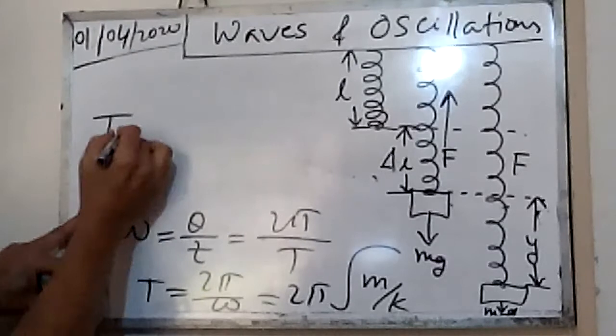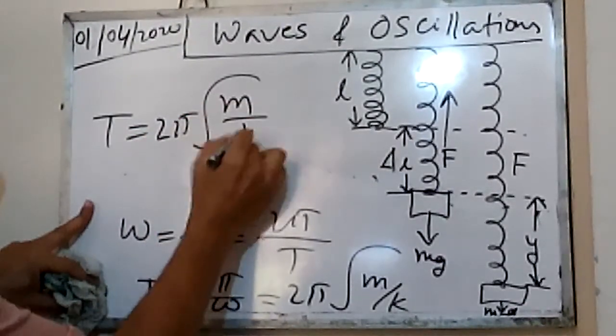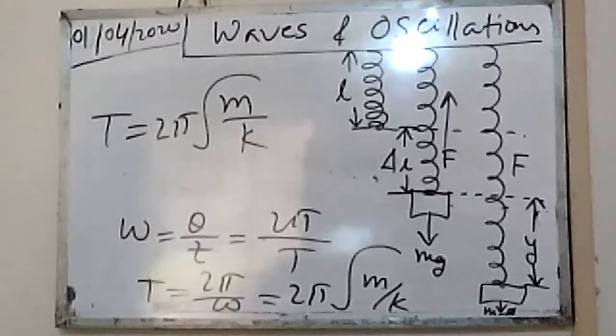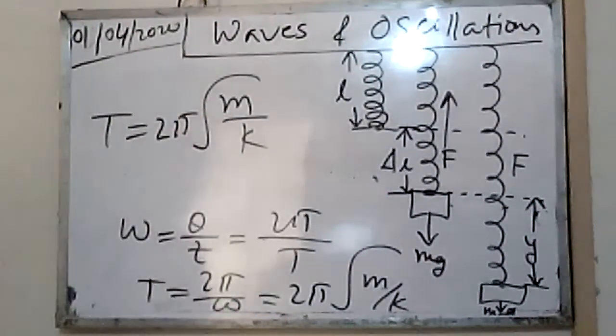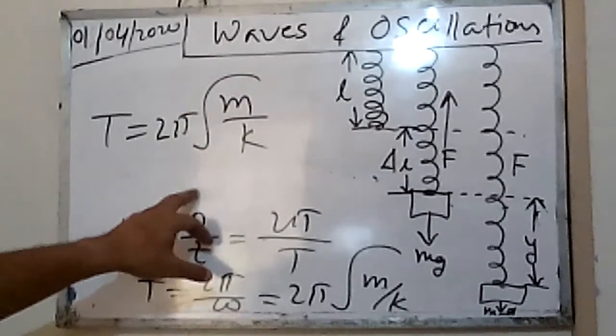So the time period T equals 2 pi root over m by k. And this is our required equation for the time period of oscillation of a mass spring system. This is our required equation.